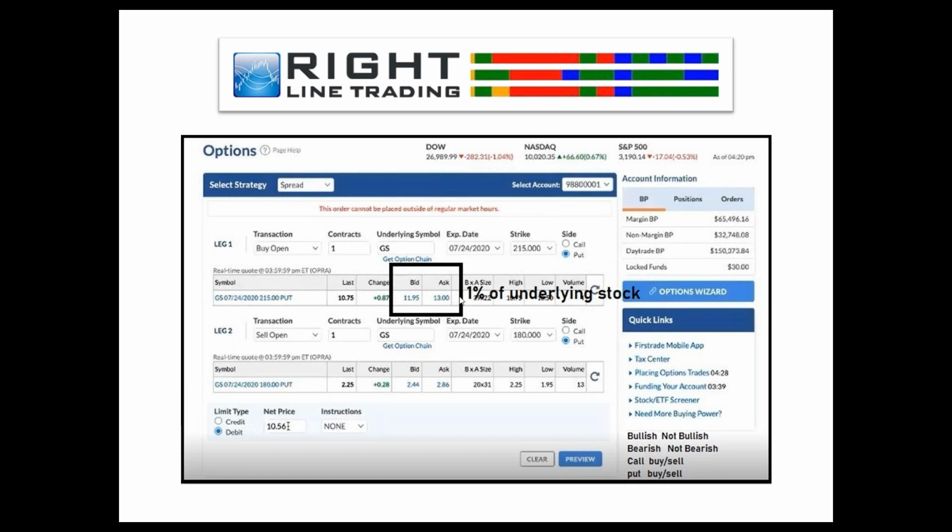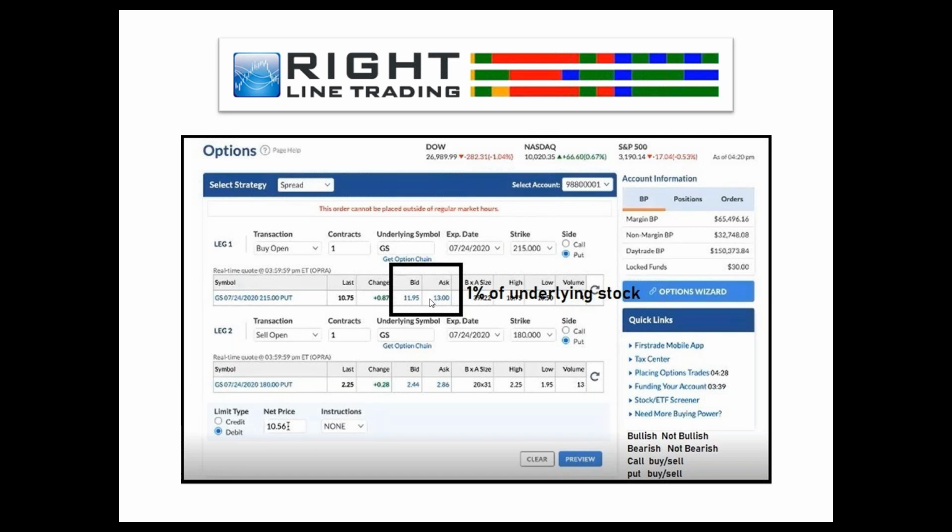I can't tell you the number of times I've tried to sell an option or a spread at $3, and it's sitting at $3, and the market makers don't want to give it to me, even though I'm selling it at the price it's selling for. They just don't feel like it. A lot of that has to do with liquidity.